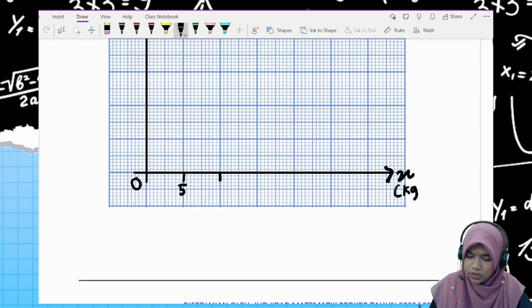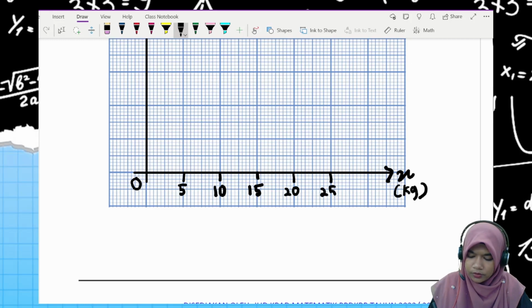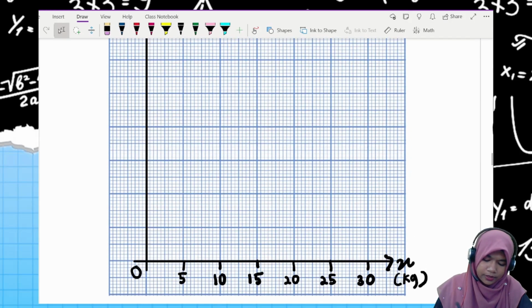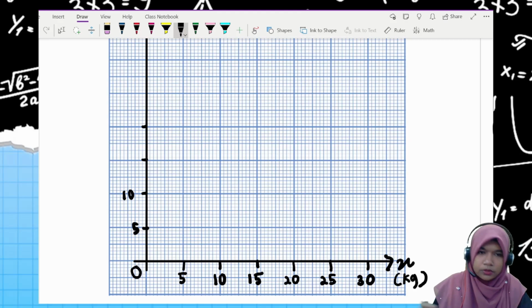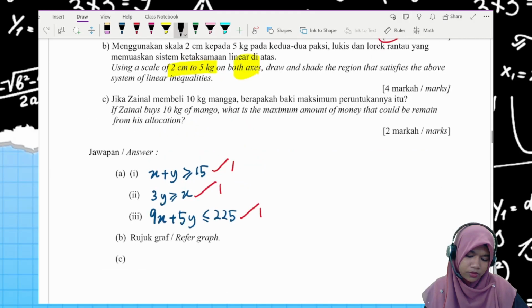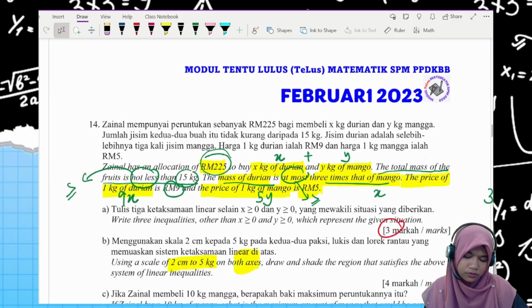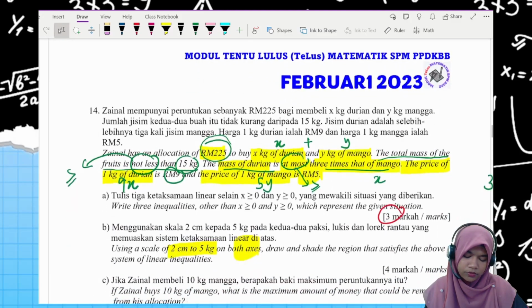The unit is kg. 5, 10, 15, 20, 25, 30. Is it 225? Is it correct, 2 cm to 5 kg?